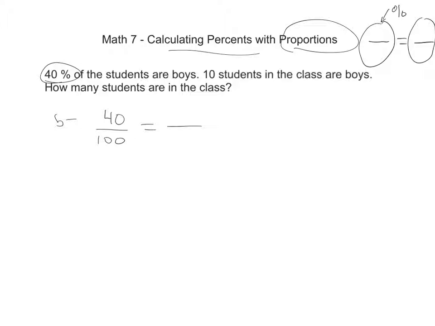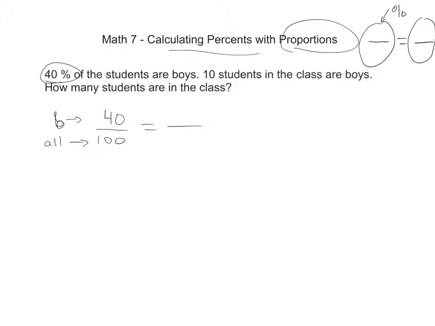I'm going to write a B here to remind me that the top line is referring to the boys in the class, and then I'll write "all" on the bottom to remind me that the bottom is all the students. So boys are on the top, all the students are on the bottom. Now on the other side of the equal sign, we don't actually have 40 boys out of 100 students.